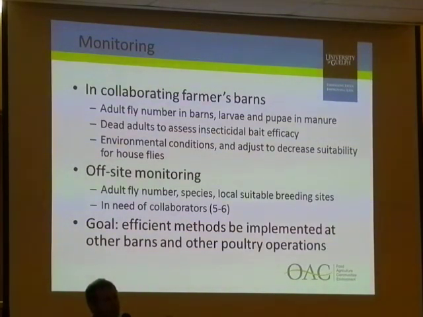It's really to see, first of all, whether they are the same species at the barn and at your site, and as well to get an idea if what we're doing is decreasing the number elsewhere. Our goal is really, by doing so, to reduce the number of flies, as well as implement solutions adapted to the different barns in Ontario. And I think that's it.